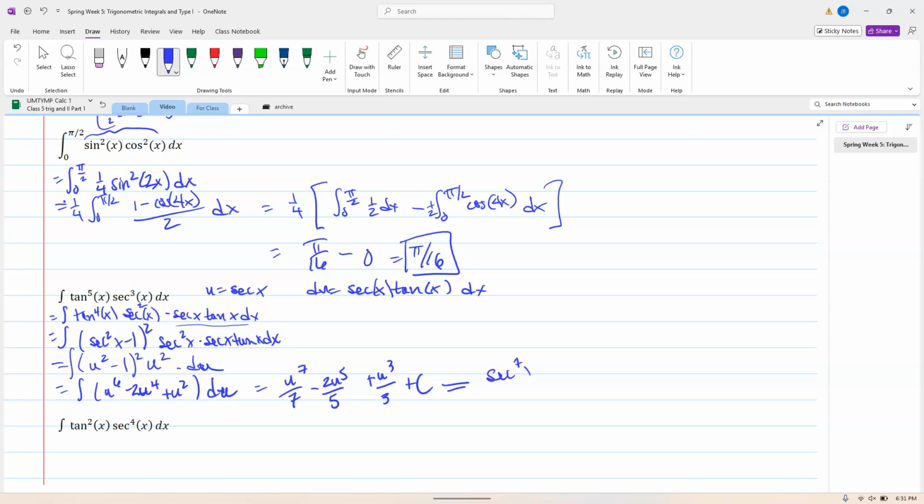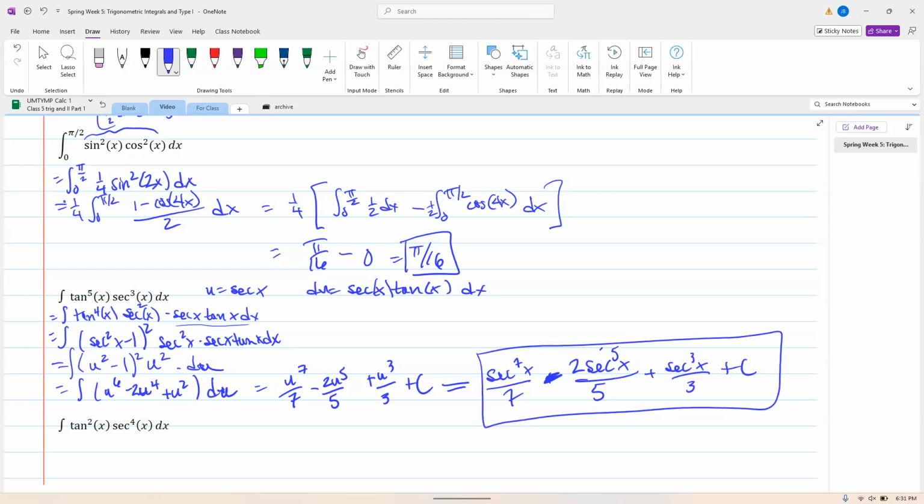I get secant to the 7th of x over 7 minus 2 secant to the 5th of x over 5, and then plus secant cubed x over 3 plus c. All right, and there we go.